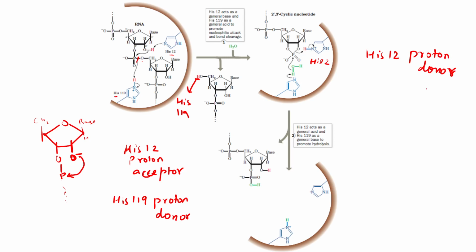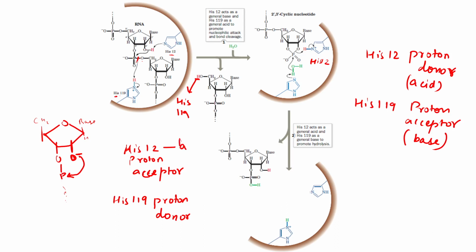So now it will act as the proton donor, or what we call an acid, and histidine 119 will act as a proton acceptor, or what we call a base. Okay, so in the first case histidine 12 was the base and histidine 119 was the acid. Now the roles have reversed. Now histidine 12 is the acid and histidine 119 is the base.